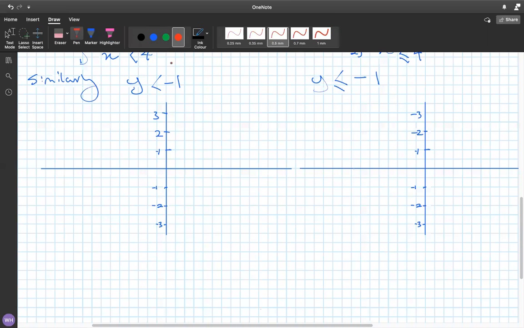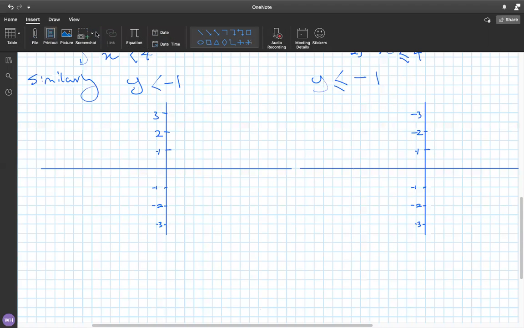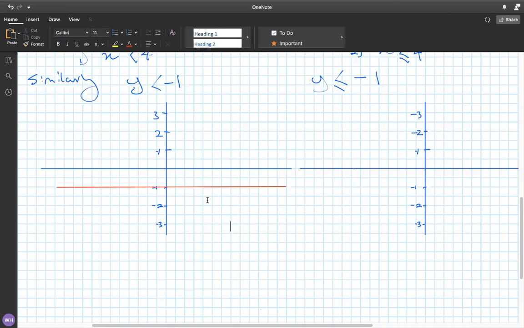No. But first of all, you need to draw the line y equals -1. If it is y equals -1, that should go through the point -1. So it should be like this, going through the point -1, and it is parallel to the x-axis. Hope everybody knows this. It is not a very difficult scenario.